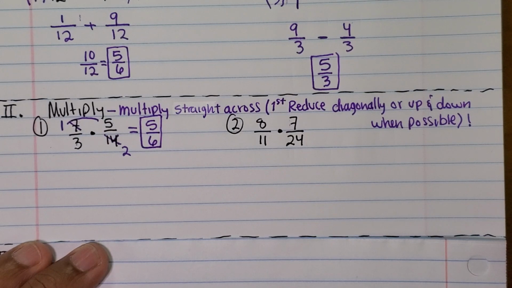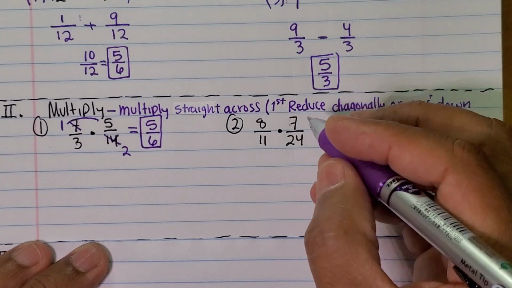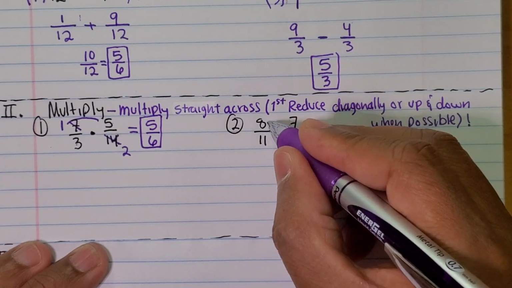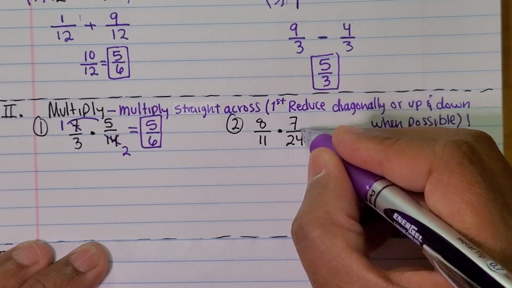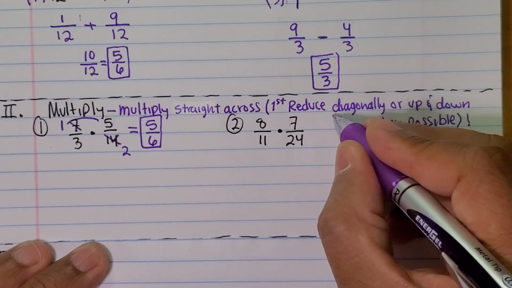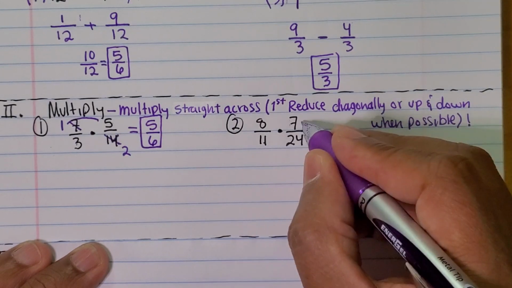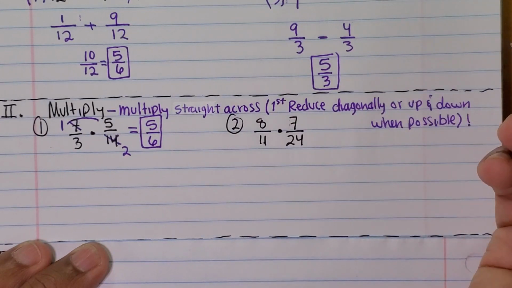So let's go to the next example. For this one here, again, I can't reduce this using up and down, and I can't reduce this one either. So then I'm going to try to do it diagonally. I look at 11 and 7, and those two are prime. I can't reduce them.